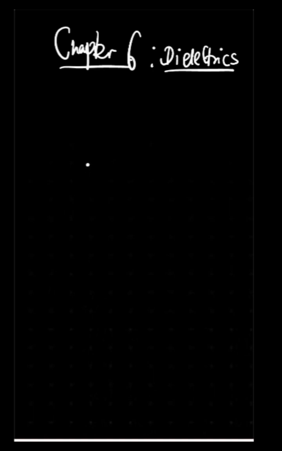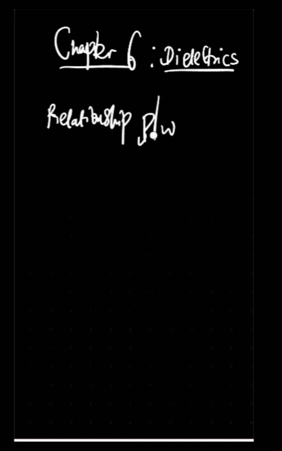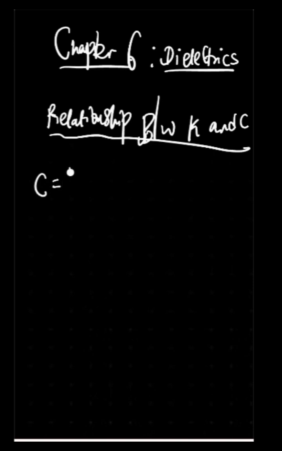Now let's talk about the relationship between the dielectric constant K and capacitance. The first relationship you should know is that C is equal to K C naught. You know how we derive this, right? Because we know before that C is equal to K epsilon A over d.